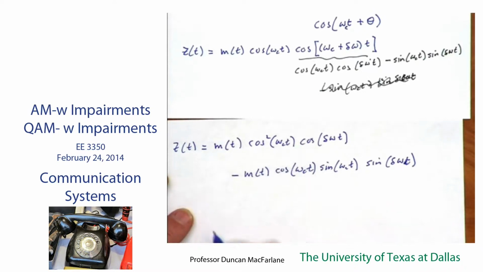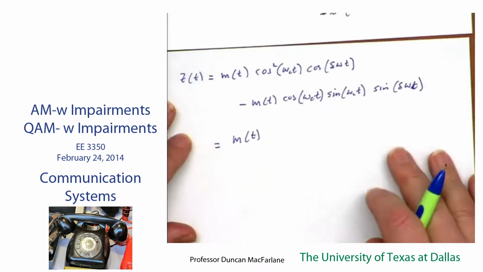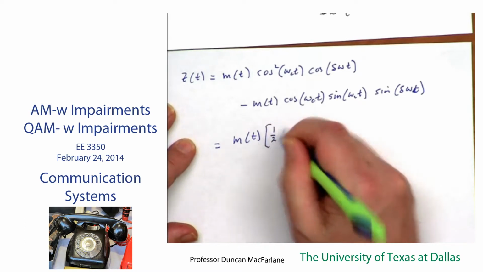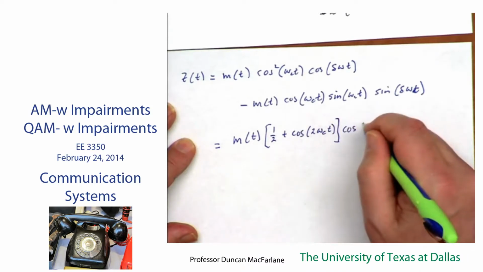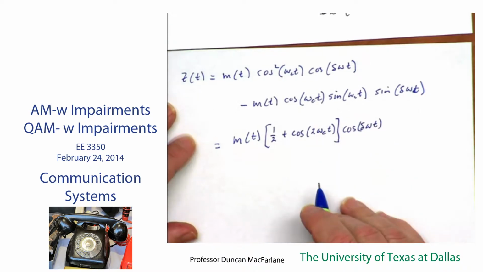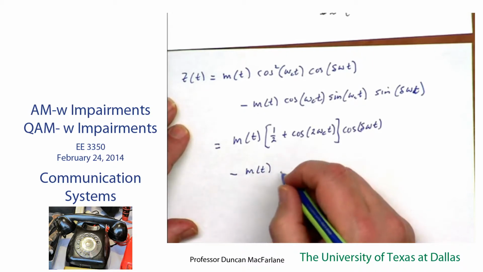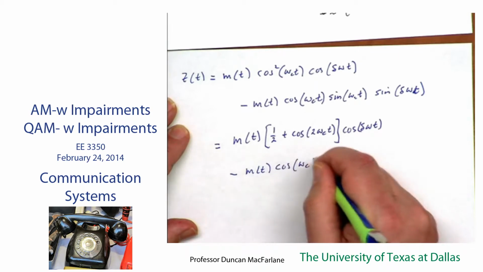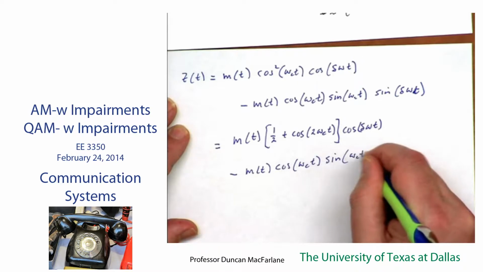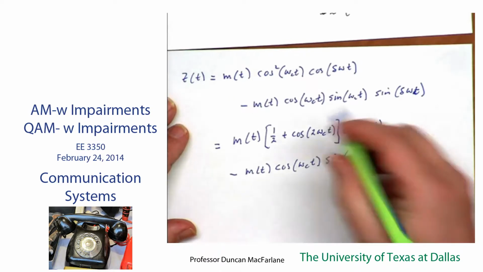Trig identity. See the sine of 2 omega c t divided by 2?